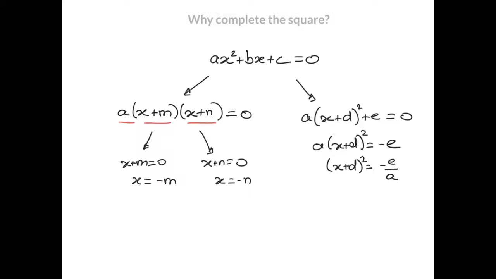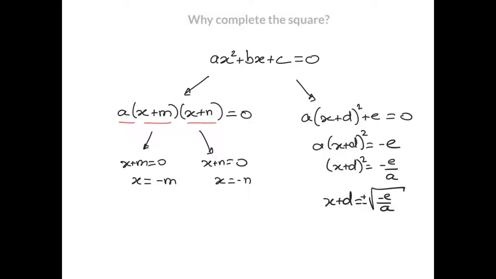We can take the square root, so x plus d is equal to the square root of minus e over a, under the condition that this thing here is positive, so we're taking the square root of something positive. This means that either e or a has to be negative to cancel out this minus. And let's not forget that we can have a positive or a negative number.